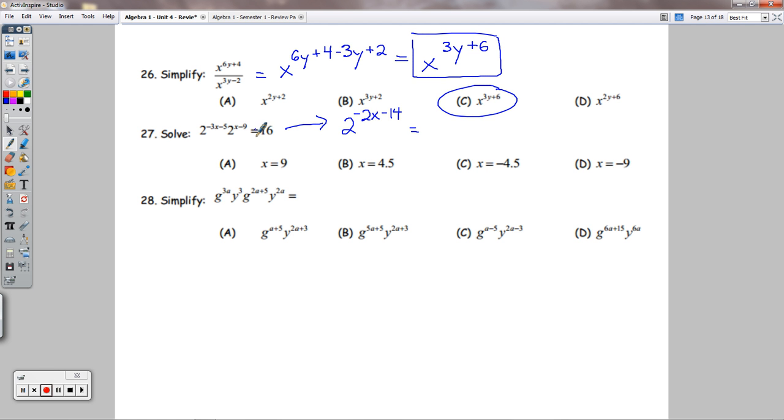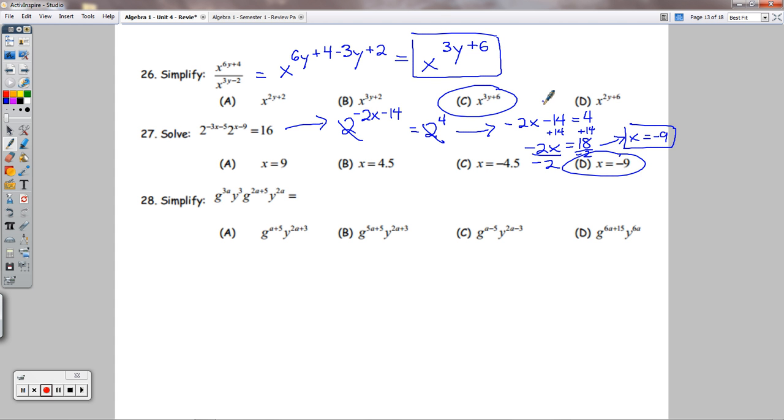And 16 would be 2 to the 4th power. The bases are now the same, you can cross those out, and then you have negative 2x minus 14 would equal positive 4. Add 14 to both sides, get negative 2x equals 18, and then divide by negative 2. There's your answer of x equals negative 9 in that case. So that one is choice D.